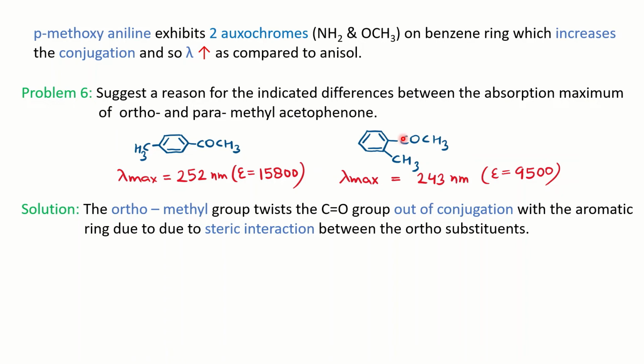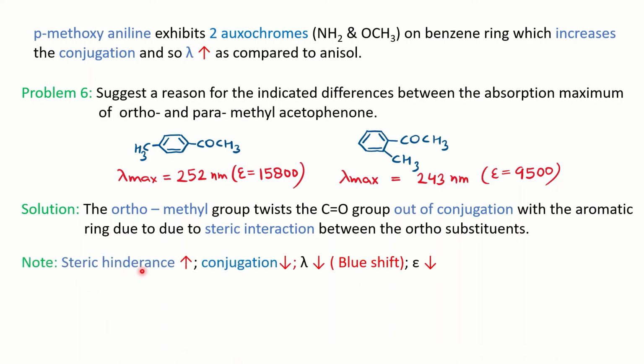The carbonyl group goes out of conjugation. Therefore the wavelength decreases comparatively, and the intensity also decreases because the extension of conjugation is not present, due to loss of coplanarity in the ortho substituted.